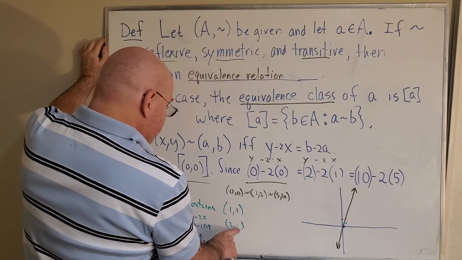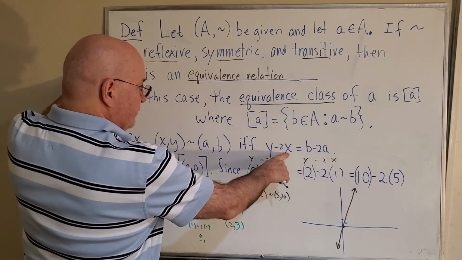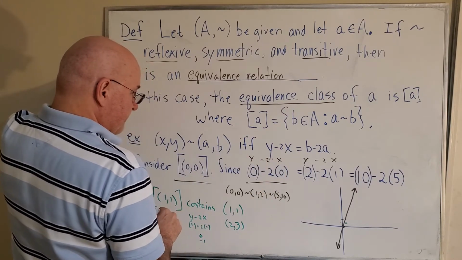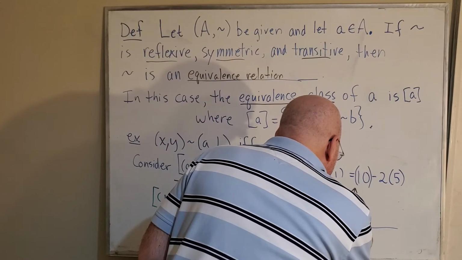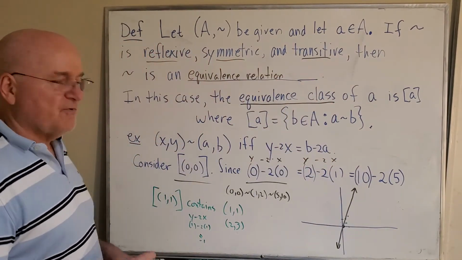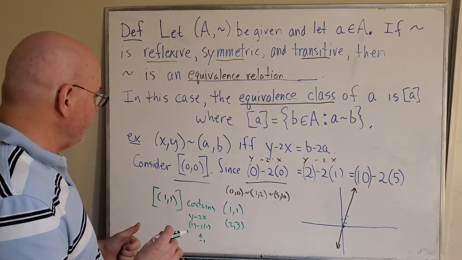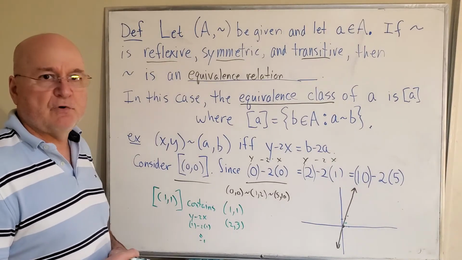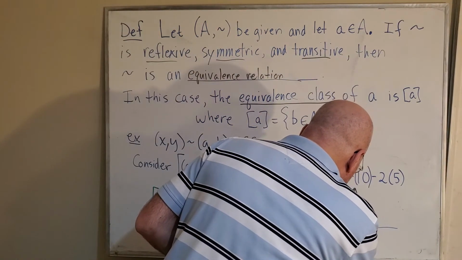No, (2, 3). Because if x is a 2, this becomes a minus 4. 3 minus 4 gives us a negative 1. And what we'll find out is, 2, go up 3. We're going to have another straight line. And not only will it be a straight line, it's going to be another straight line with slope of 2 over 1. So the one we just did is going to look like this.